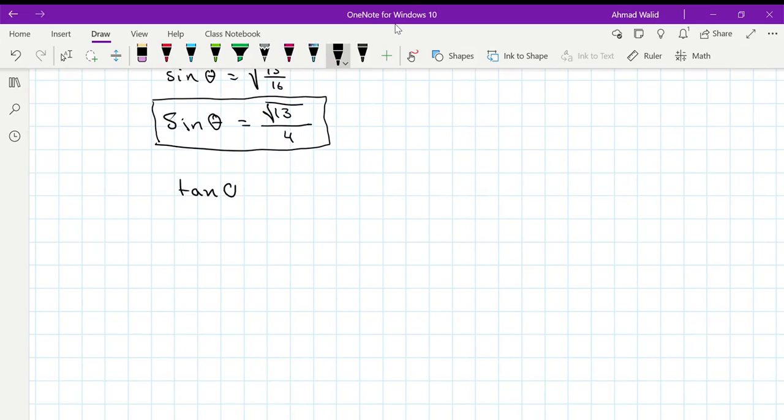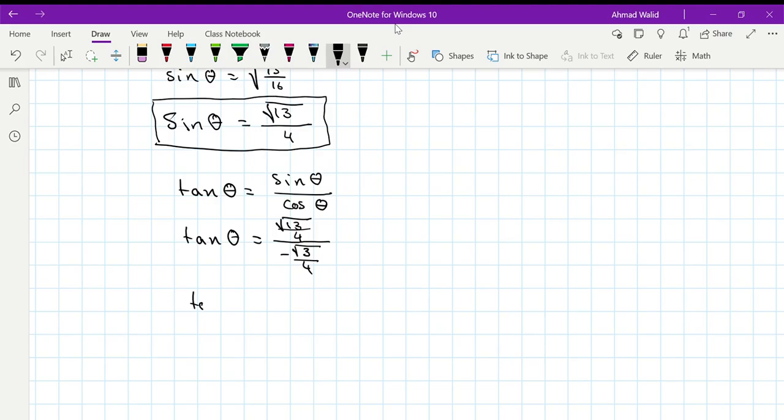Tan theta equals sine of theta over cosine of what? Theta. Then you can say tan theta equals sine of theta, we just found it, it's radical 13 over 4, over cosine theta. It's given in the problem, negative radical 3 over what? 4. We just simplify this.